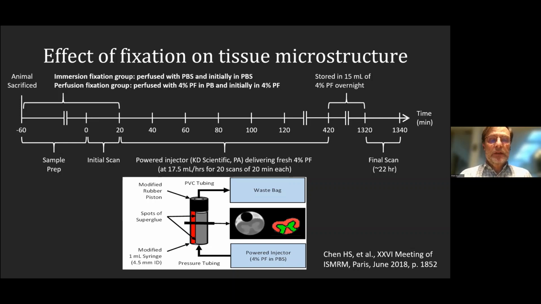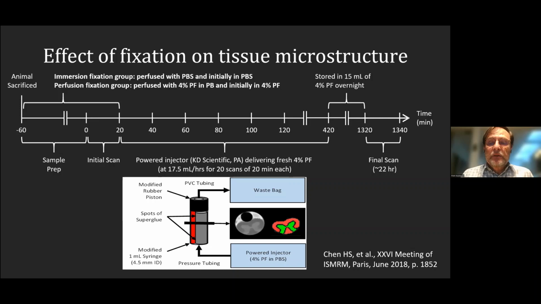So we did a study where we have two groups of excised cords. The first came from the rats that were perfusion fixed with formaldehyde. The other one was the cords where the animals were perfused with PBS instead.